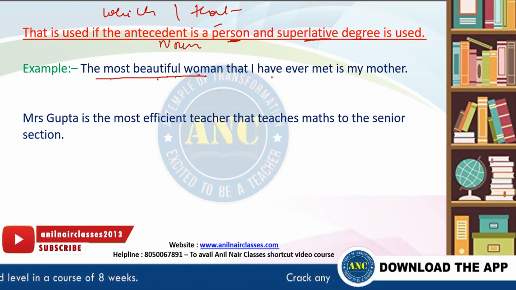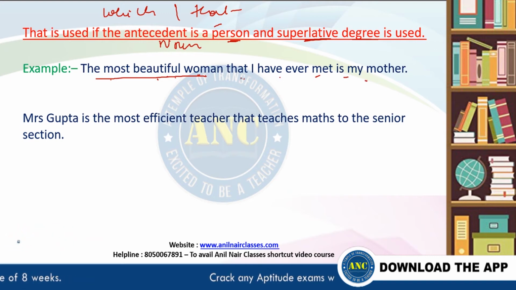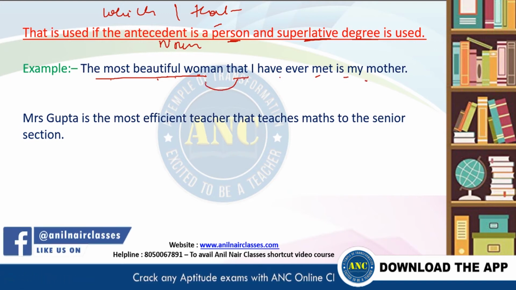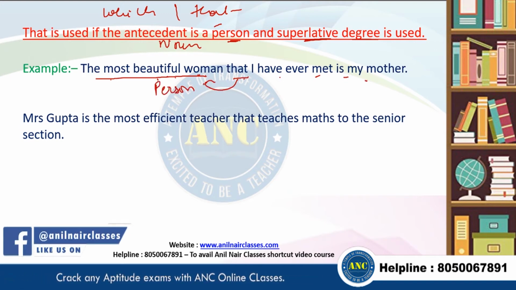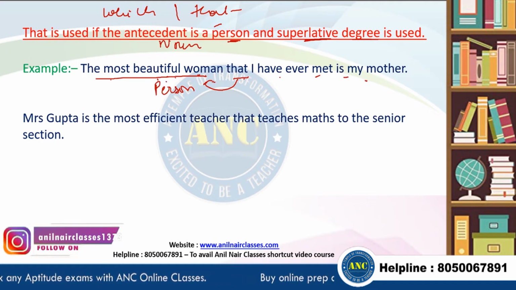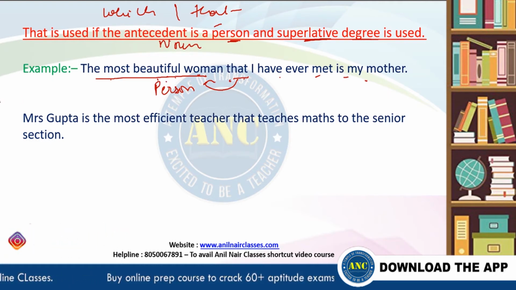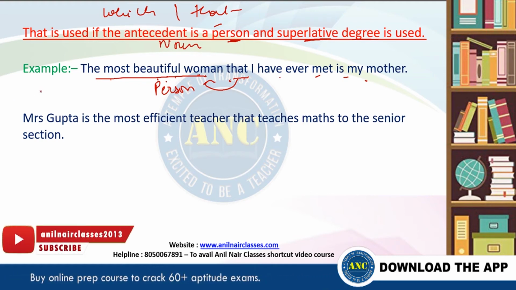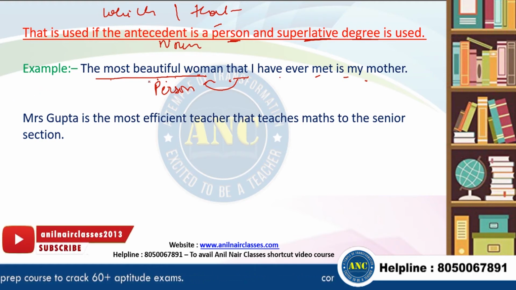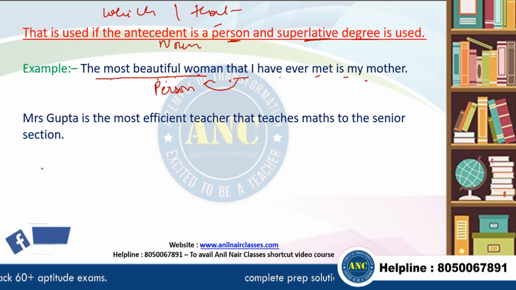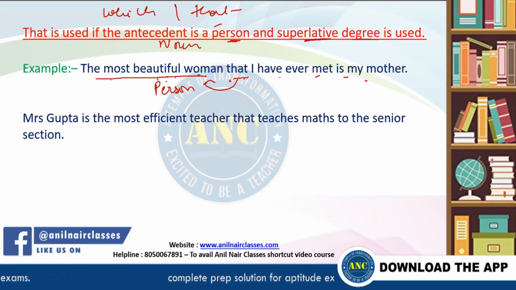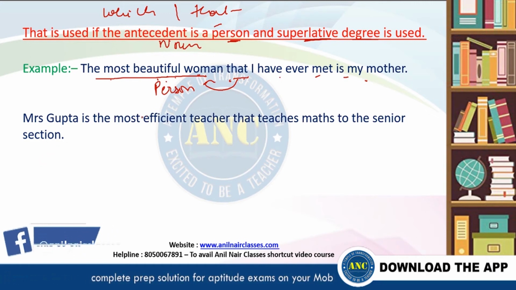So now that is referring to a person. If that person is in the superlative degree, then only I use that. In the previous slide we discussed that which and that refer to things, but in that also there is some exception. It's an exception to the rule we have discussed previously, when that can be used for a person.